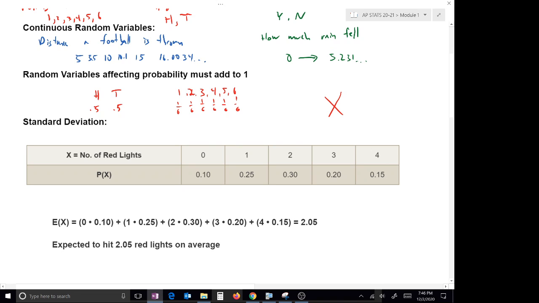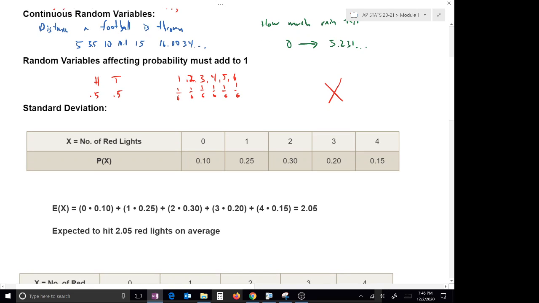When we're doing these probability outcomes, we often create a table. So here, X is defined as the number of red lights, and P of X is the probability that you would hit that number as you're driving to work, let's say.